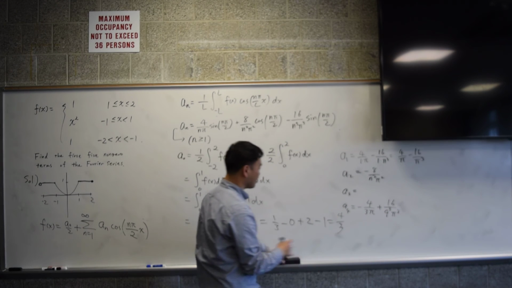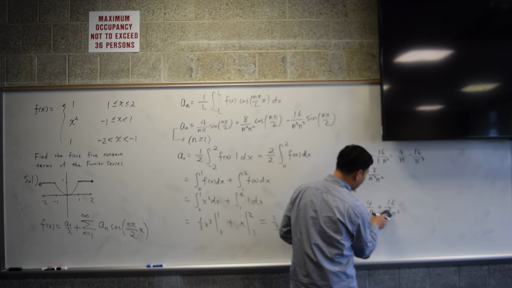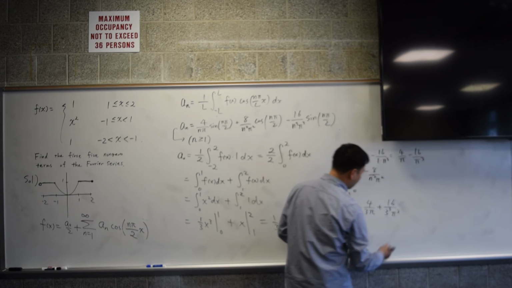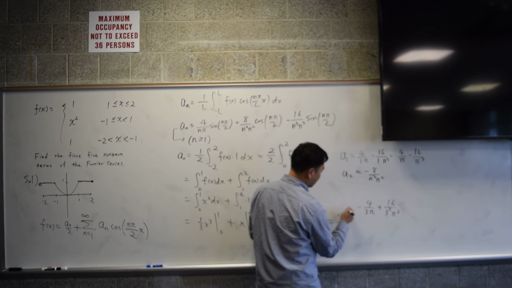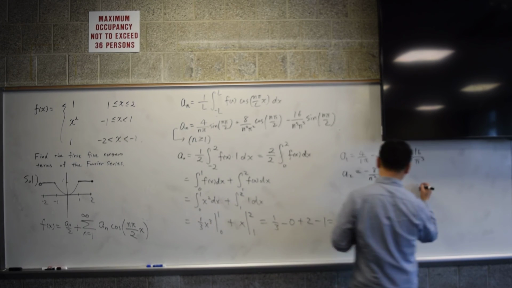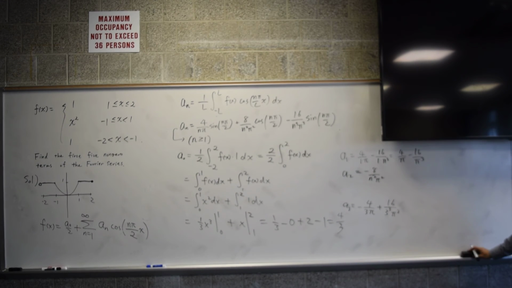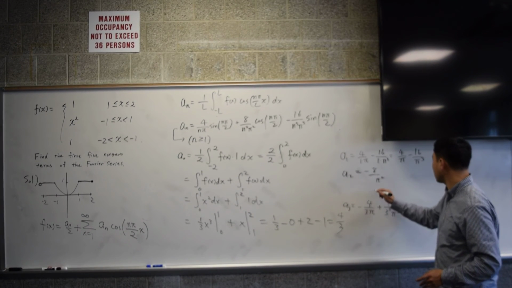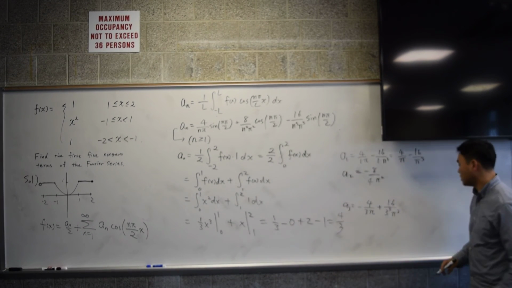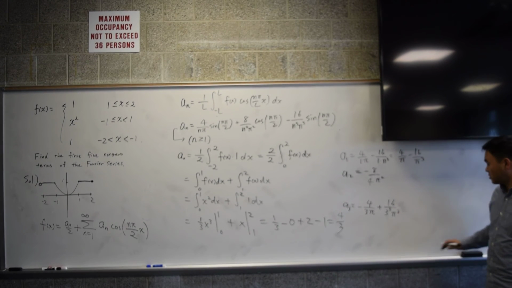Is this for a_2? Oh, that's a_3, sorry. This is a_3. For a_2, you should see 4 on the bottom. Oh, thank you. This should be 2 squared, which is 4. Yeah, this should be 27.